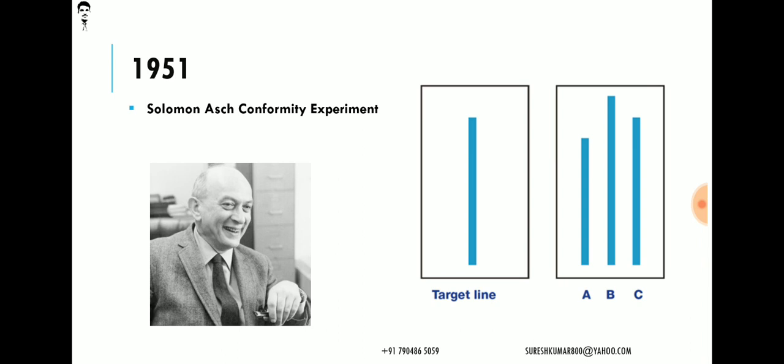Here you can see the target line and which line is equal to it: A, B, or C. As per my understanding, C is the right one. Suppose all 9 people say the answer is B, then the 10th person will also say the answer is B. There is a high influence of the group members' answers on the decision taken by the person who doesn't know about these things. So this is the conformity experiment done by him.